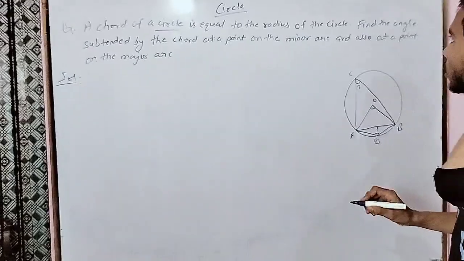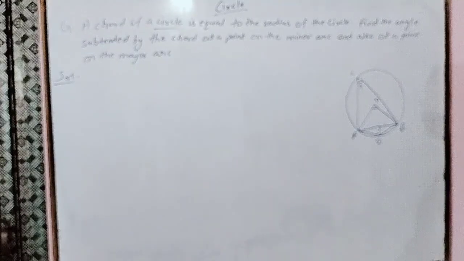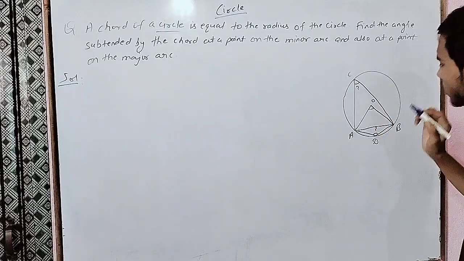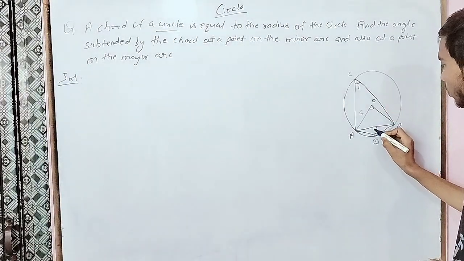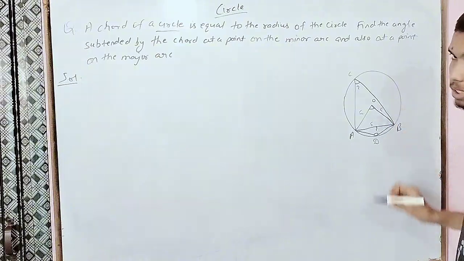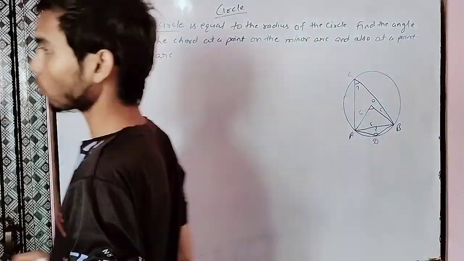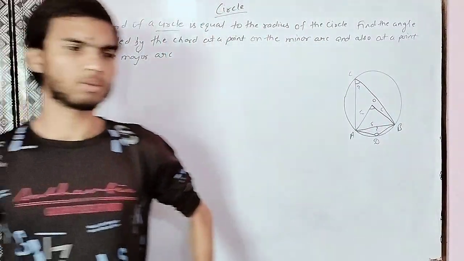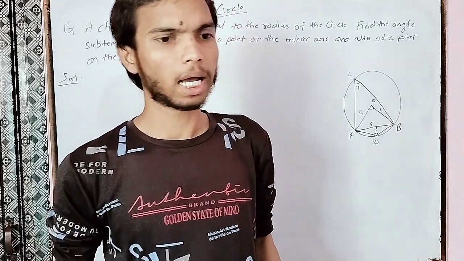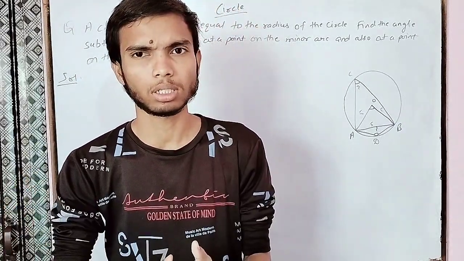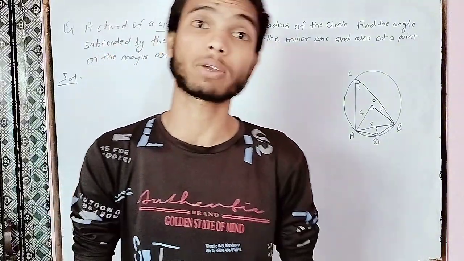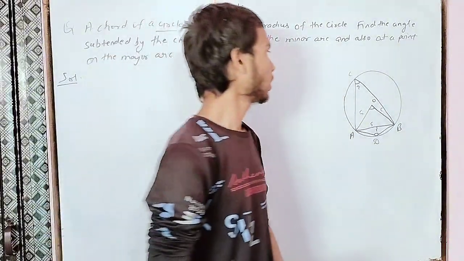Here it is saying the measure of this side, you can take any number, say 5. Then the measure of this side would be 5, and the measure of this side would be 5. When all three sides are equal to each other, then that triangle is considered equilateral, isn't it?